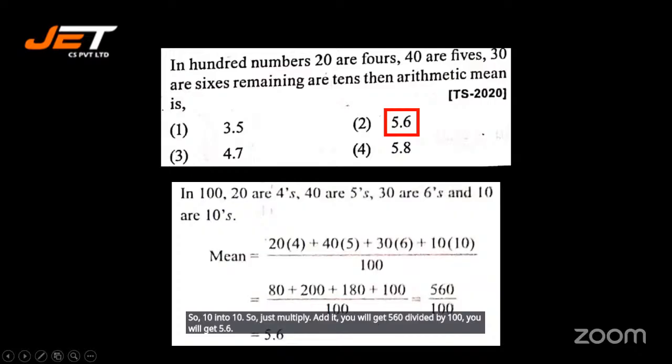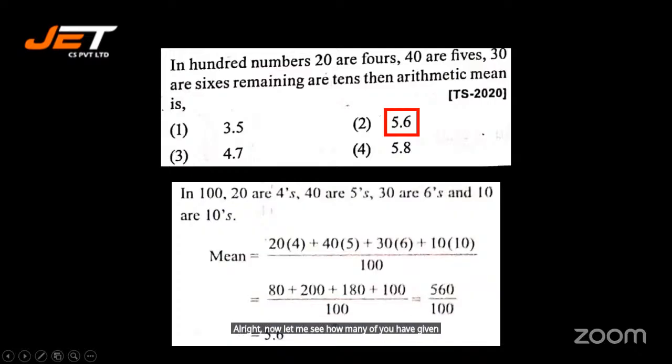All right, now let me see how many of you have given the correct answers. Yes, I have Sai, Vaishnavi, good, Harshita, Lakshmi, Diksha, Sahasra, Amulya, Sahasra again, Navatej, Harshavardhan, Snigdha, Ashwini, Geetika, Navatej, God.